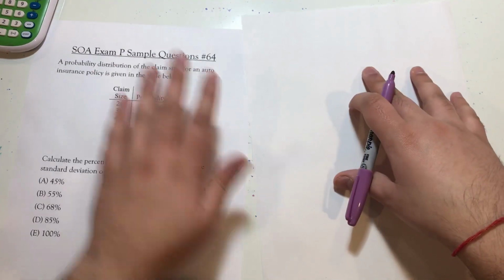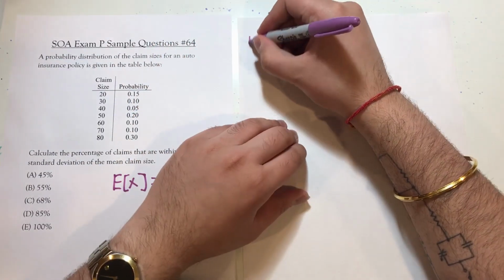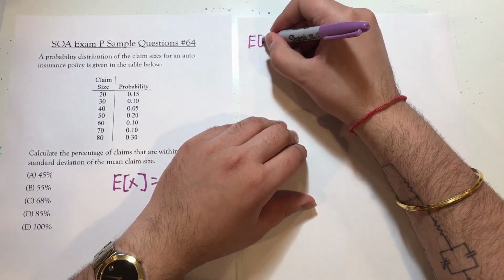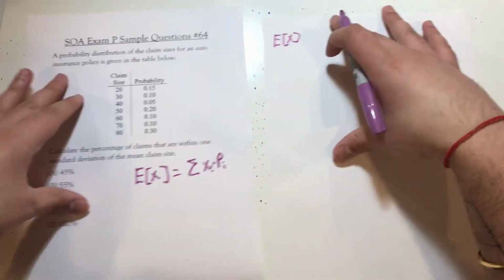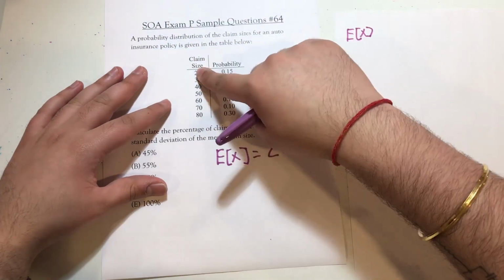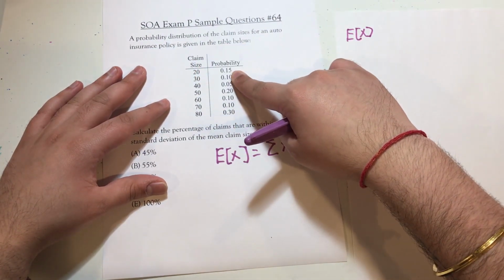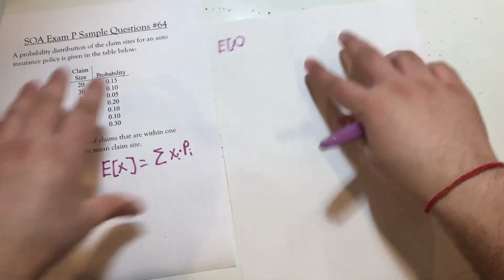So let's work on that. This gets us the expected value. And what's really nice about a table like this, if you get one on the exam, it is a gift, because here's the value, here's the probability of that value. Easy information to work with.